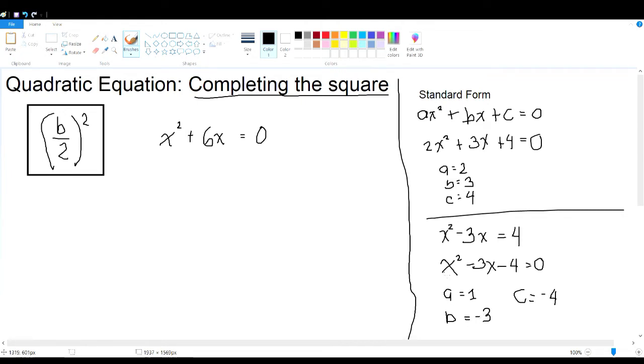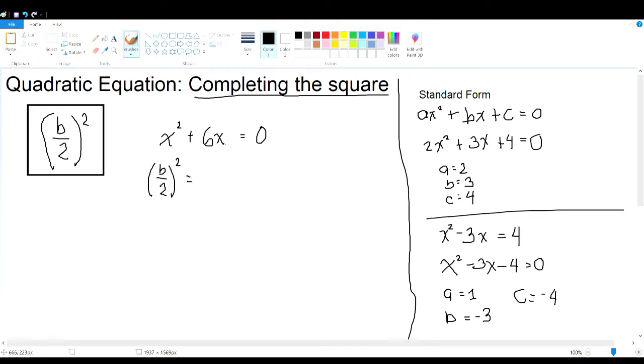Now, completing the square. Going back. Since our formula for completing the square is (b over 2) squared, if you're going to complete the square of this equation, ang gagawin mo lang is (b over 2) squared. Ngayon, ano ang value ng b?